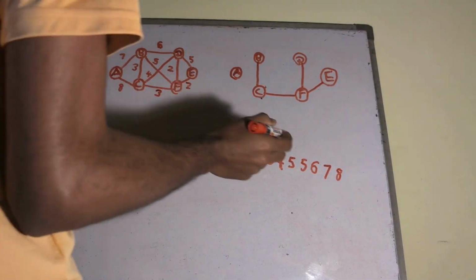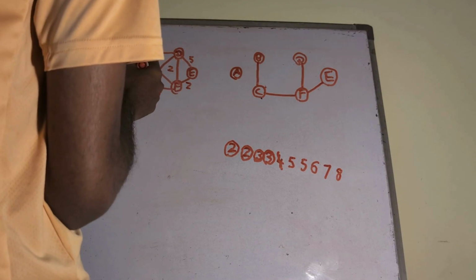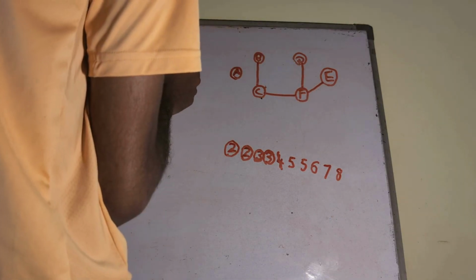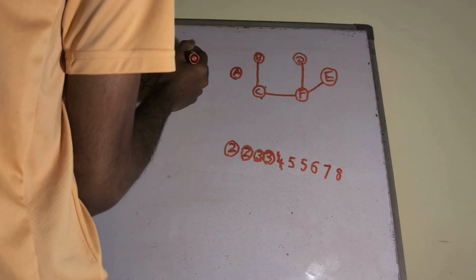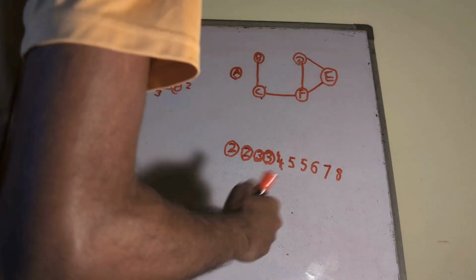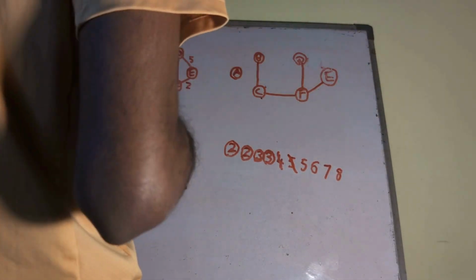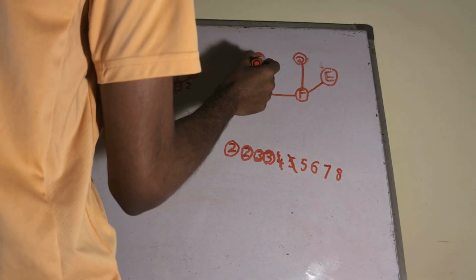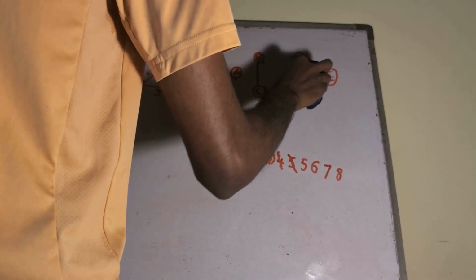So let's move on to 5, which is DE and BF. You cannot use DE because you can see it creates a cycle, and also the other edge, BF, you cannot take because a cycle is created.